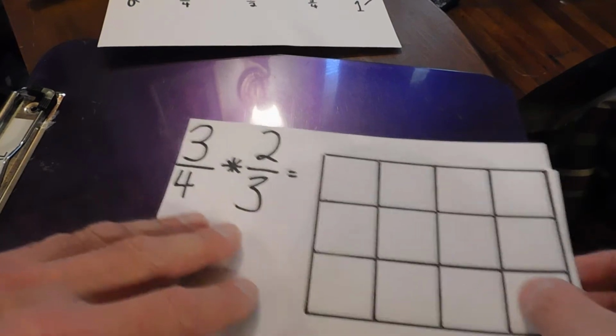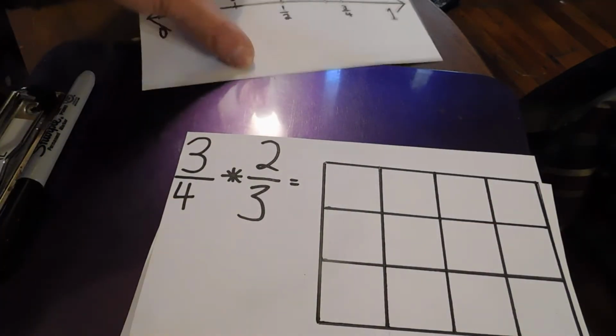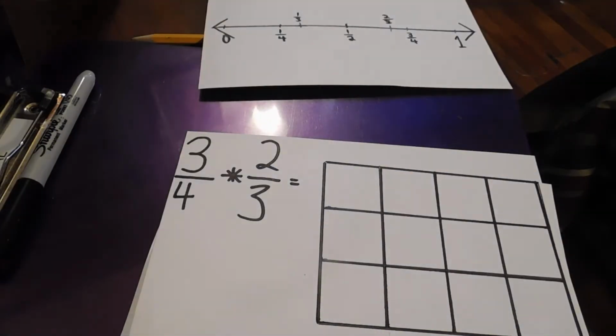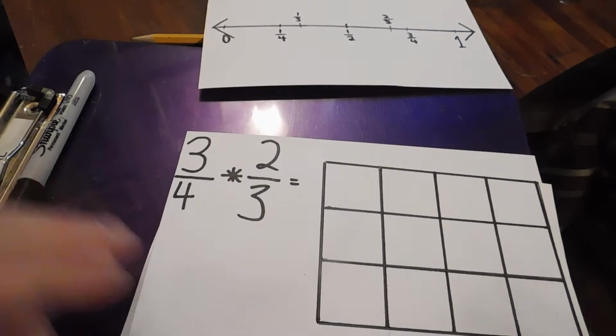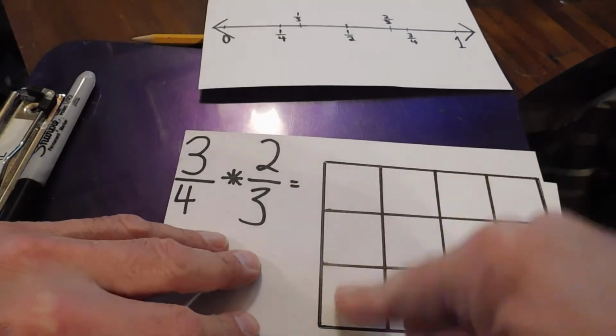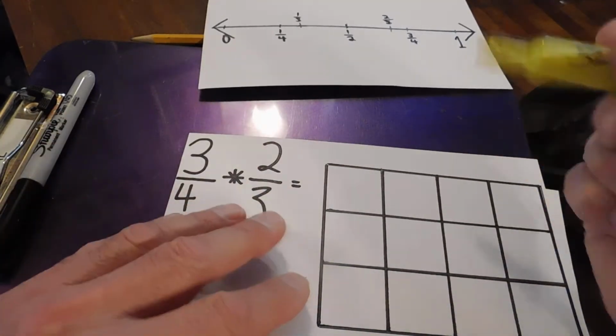So here we're going to do kind of the same thing. We have 3/4 times 2/3. Again, both less than 1. So the product is going to be smaller. So let's look. 3/4. 1, 2, 3, 4. So I need to highlight.